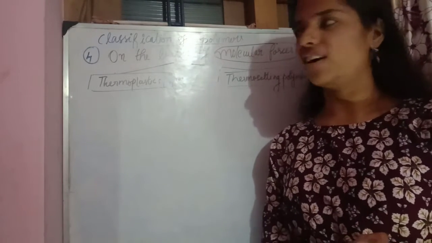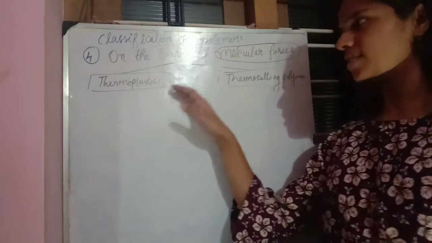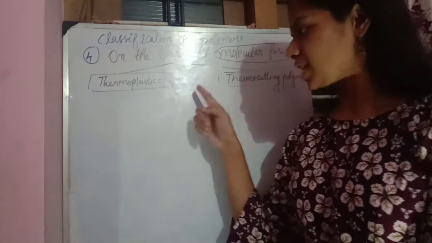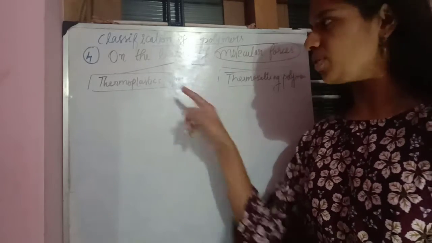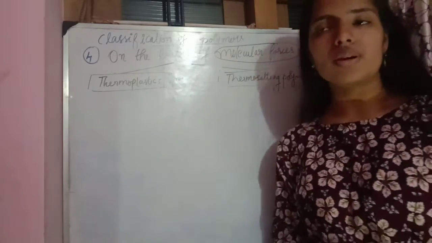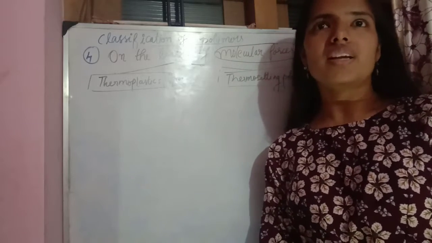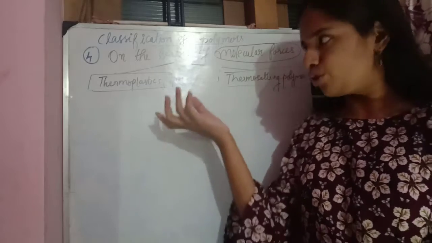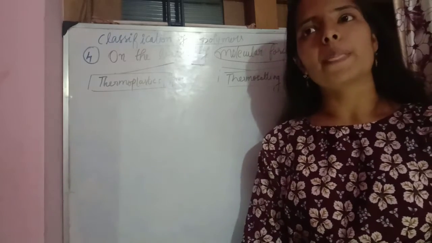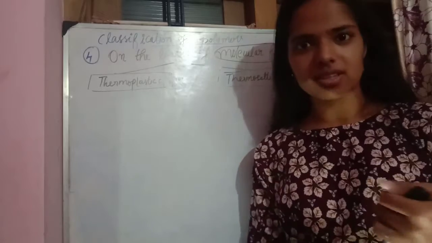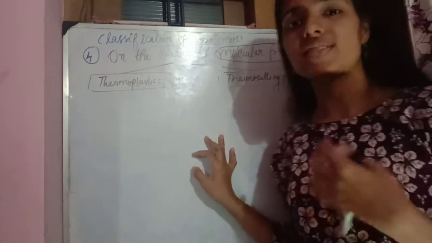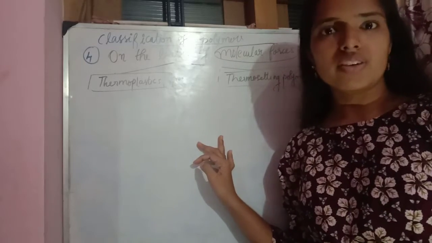Now let us look into the remaining two categories of polymers, that is thermoplastic polymers and thermosetting polymers. This differentiation between thermoplastic and thermosetting polymers is very important because there is a great chance of questions on this classification in various exams like CBSE board, state board, and this portion is also in the syllabus of various universities.